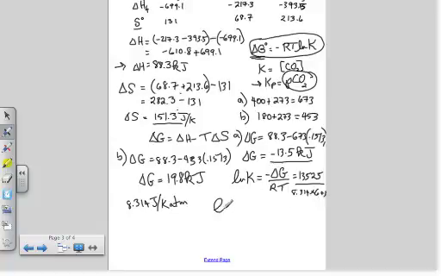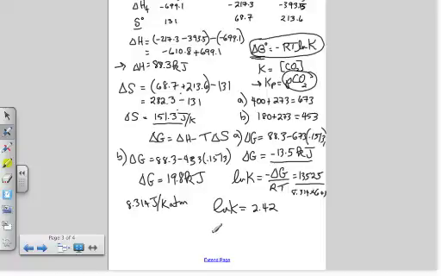So then my ln of K in A, when I do the math, I come up with 2.42. Now, those of you who are rusty at some of this math, there is an Appendix A in the back of your book that reviews some of what we've been doing here. So in order to get K by itself, I have to take the antilog of the ln.